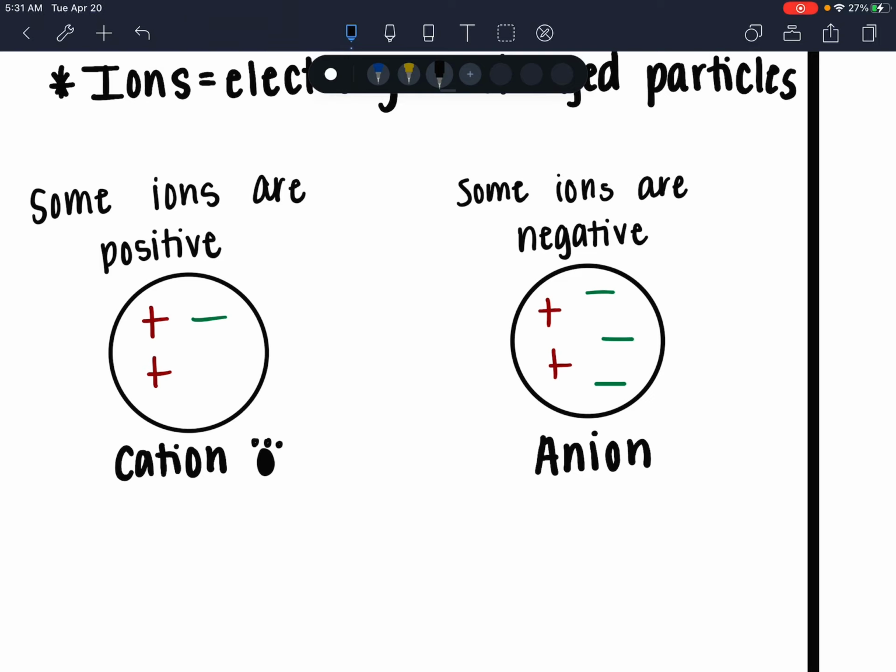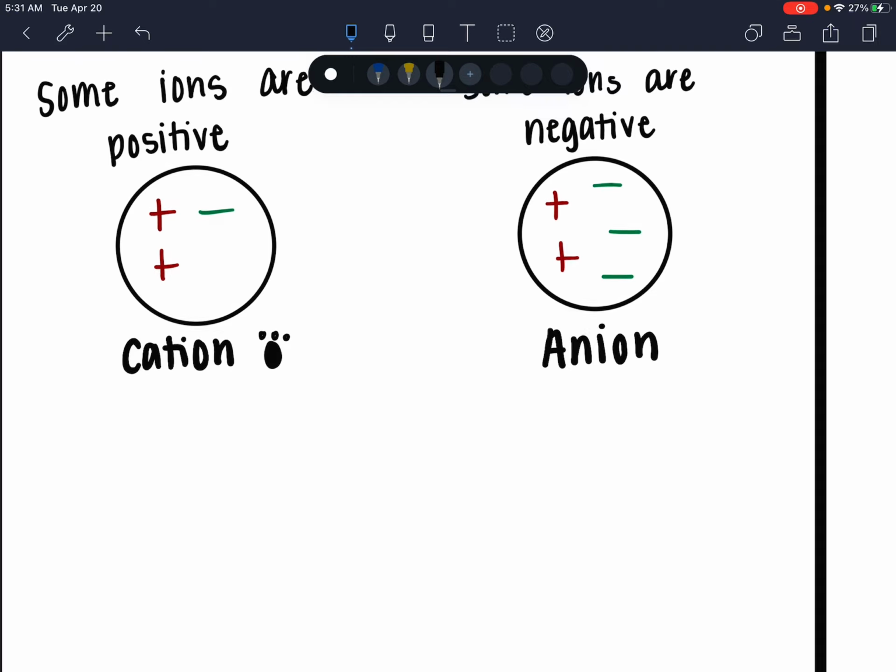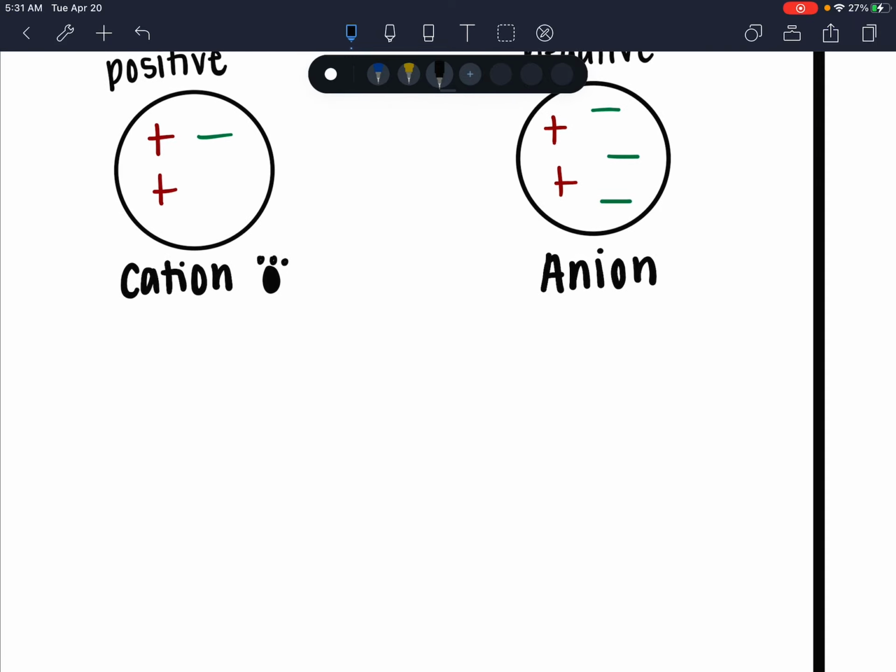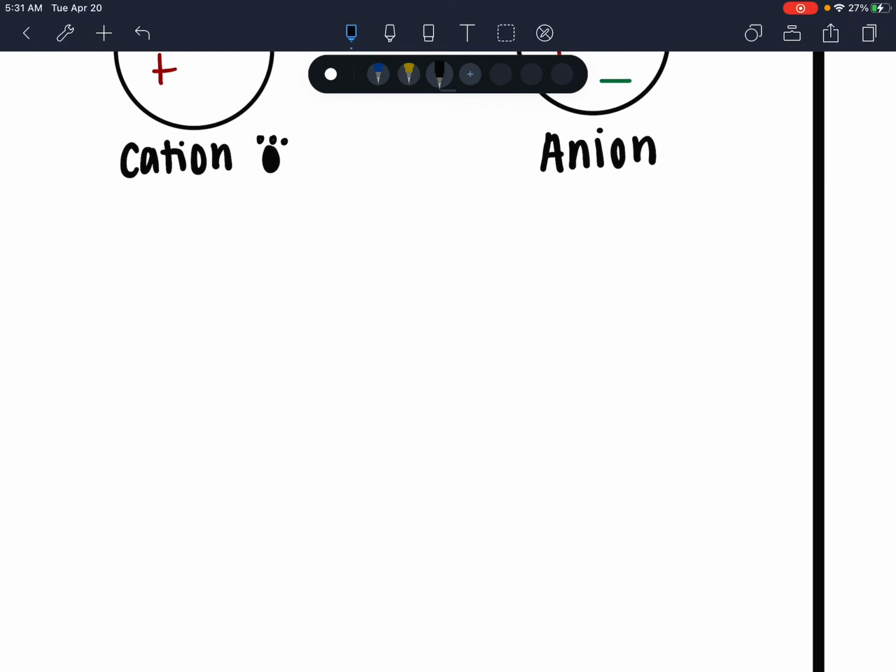That being said, not all ions form the same exact charge. Let me explain. Some ions form charges of different magnitude.